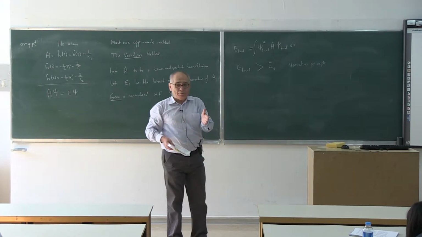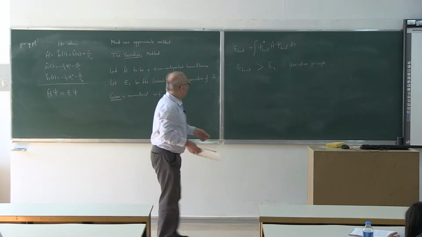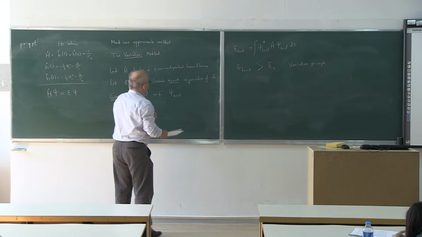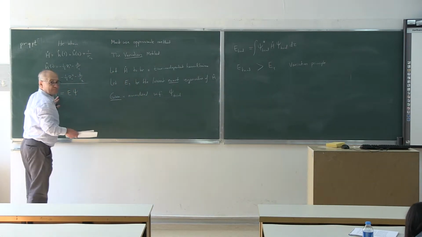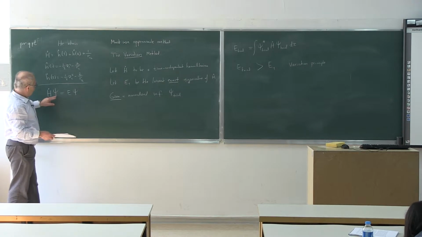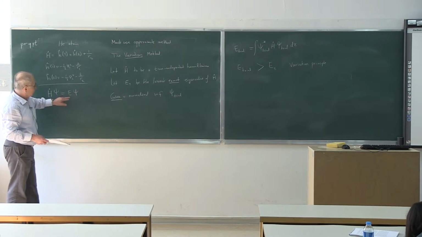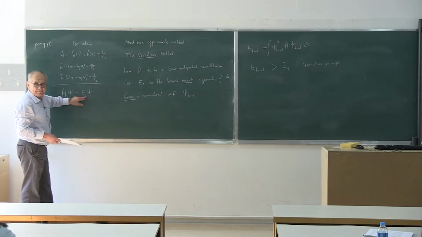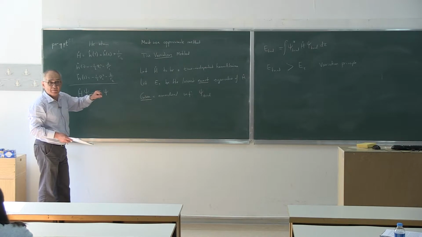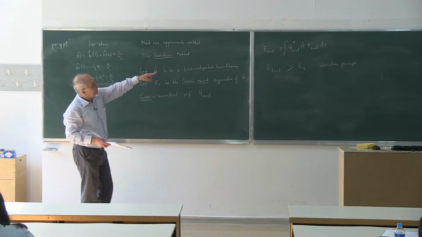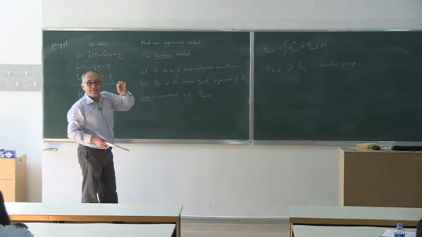If you happen to guess the exact solution of this problem, if you happen to guess this psi, which satisfies this expression with E1 as the energy, which means the exact state function, then that calculation is going to give you E1. But this is an exception.